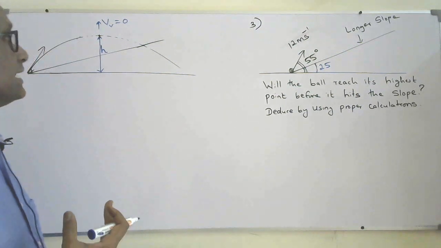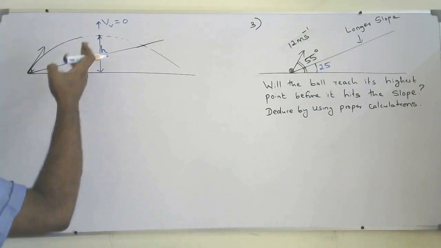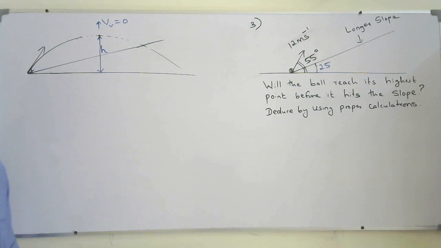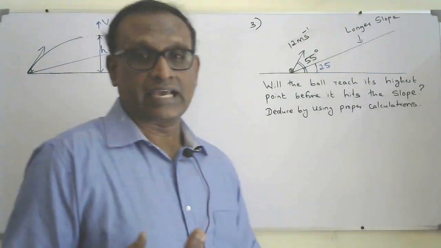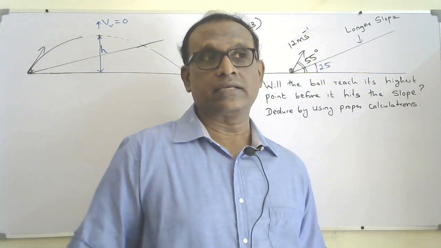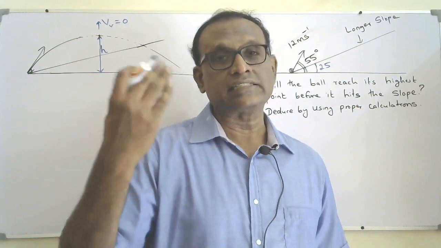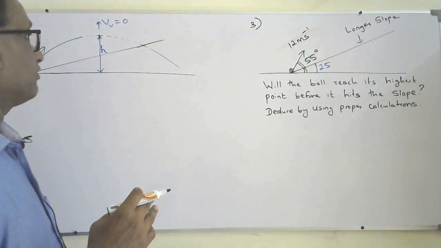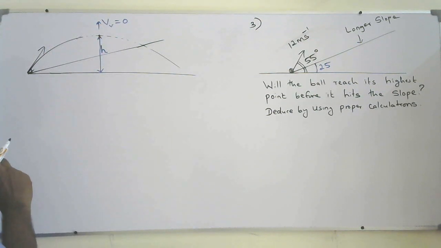How much will the maximum height be from the initial point? We can find it vertically by using v squared equals u squared plus 2as. Then I'm going to find the time taken to reach the highest point if there is no slope. How long will it take to reach the highest point? I can find it by using vertically v equals u plus at. So I know h, and I know the time taken to reach the highest point.